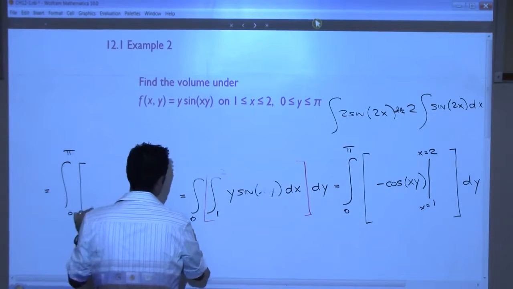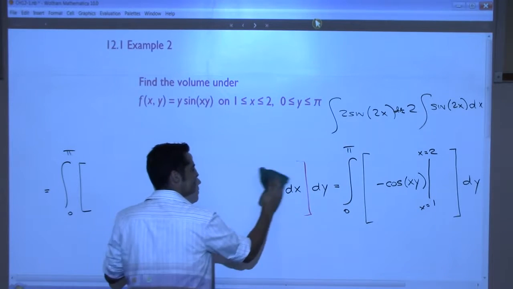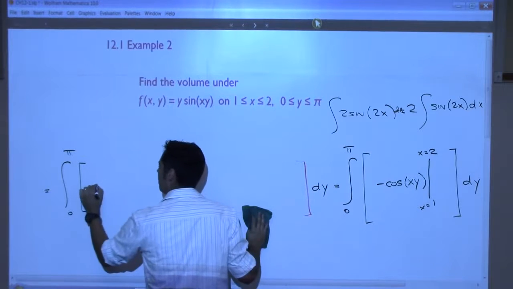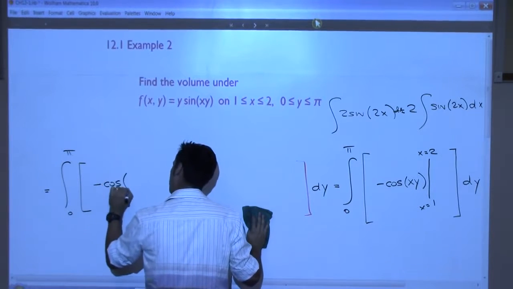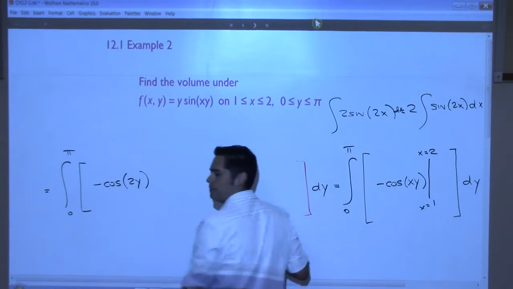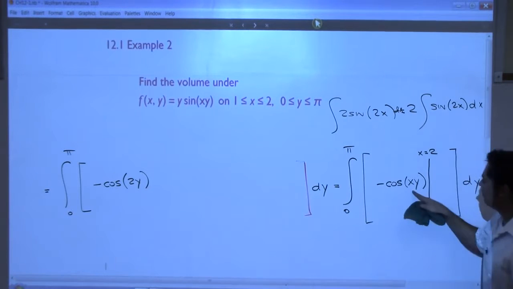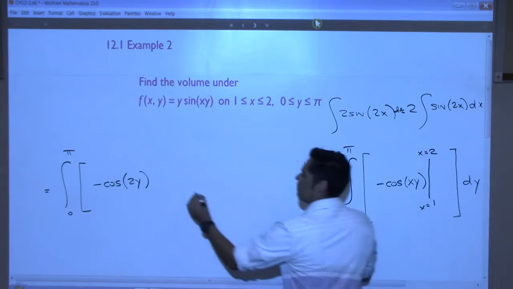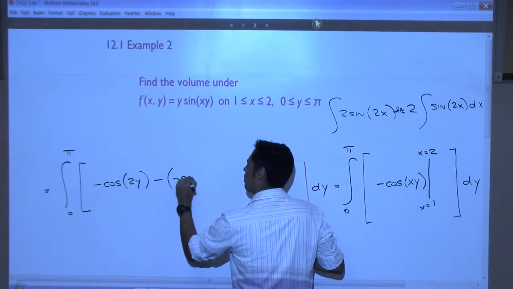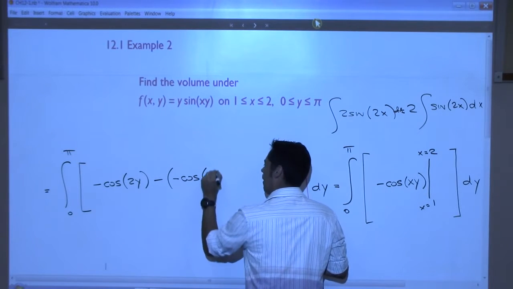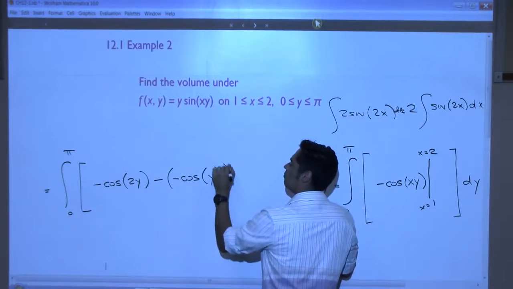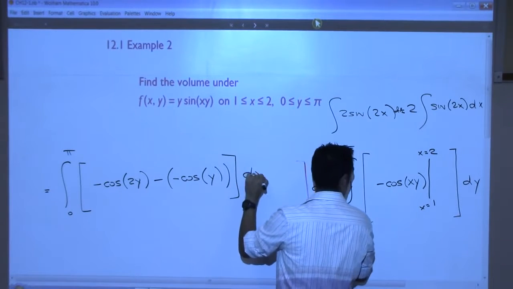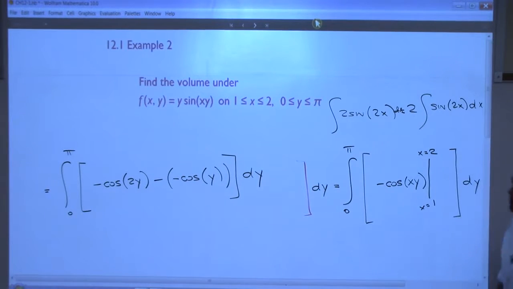Plug in 2 for x, you get negative cosine of 2y, right? And then plug in 1 for x, and you get minus negative cosine of y, dy. Do you all agree with me on that?